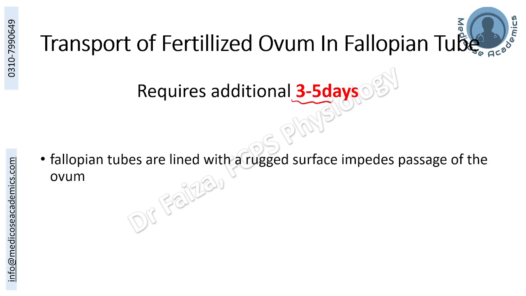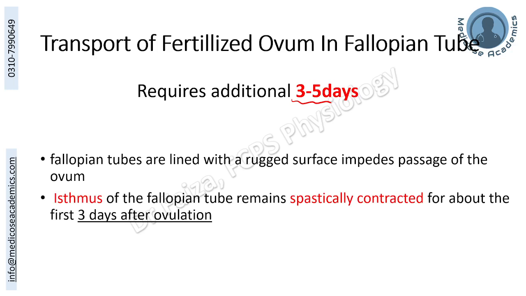The reason is the surface of the fallopian tube is rugged, which impedes the passage of the ovum. Number two, the isthmus of the fallopian tube, where it is attached to the uterine cavity over here, is also spastically contracted for about 3 days after ovulation.